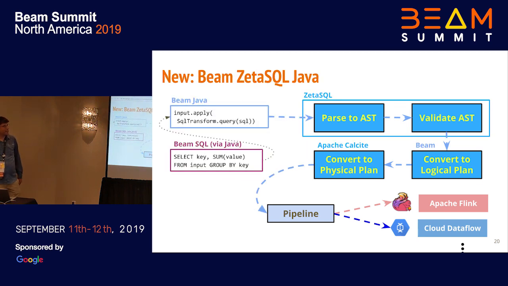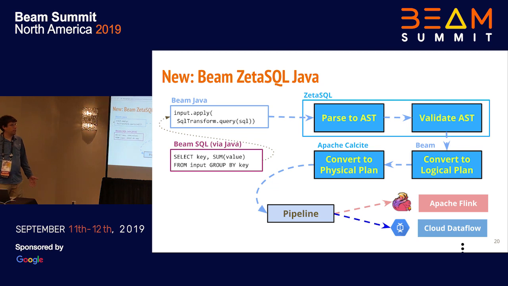We do have this new version that's Zeta SQL. And this is what actually powers that Dataflow UI. I'll talk more about what Zeta SQL is a couple slides later. But it's the same general idea, except we've replaced Calcite for parsing and validating with Zeta SQL. There's a piece in Beam that converts it to a logical plan.